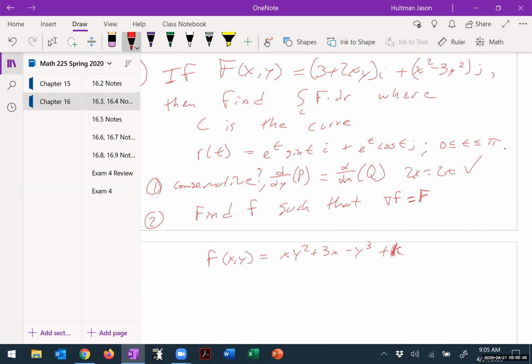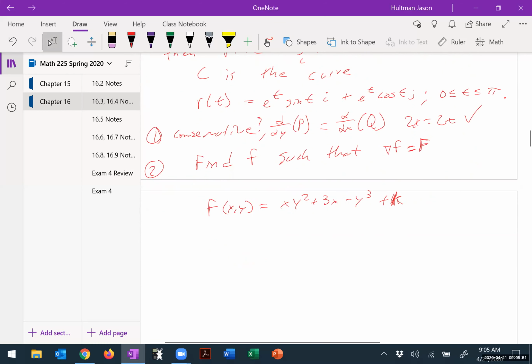Now, once we found that, is it conservative? Yes. So conservative is good, therefore a parent function exists.